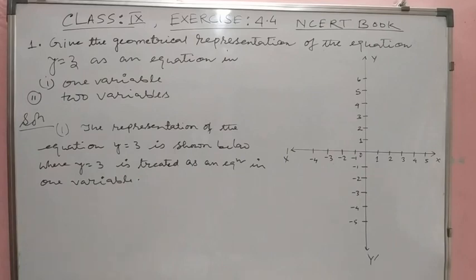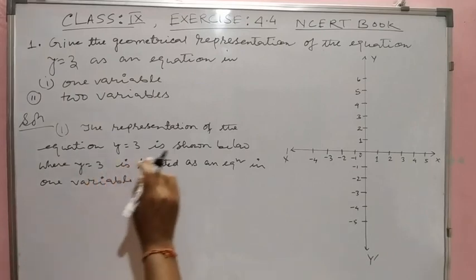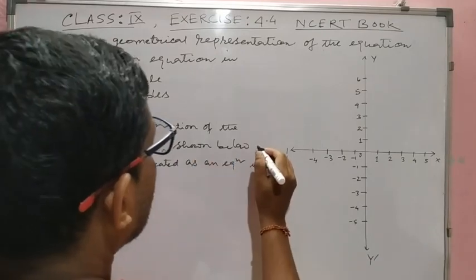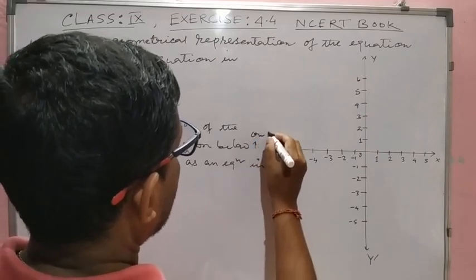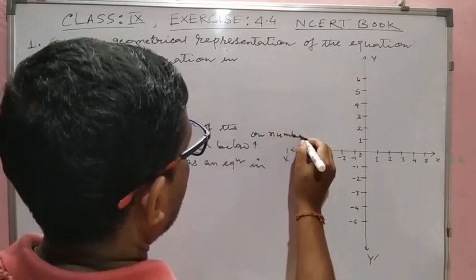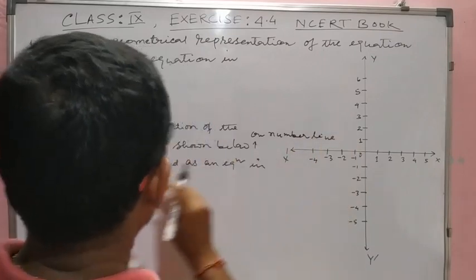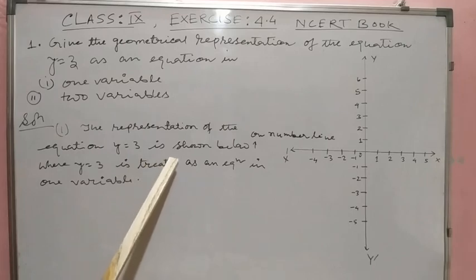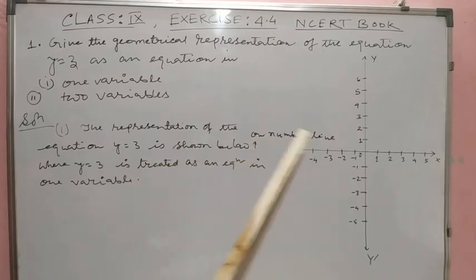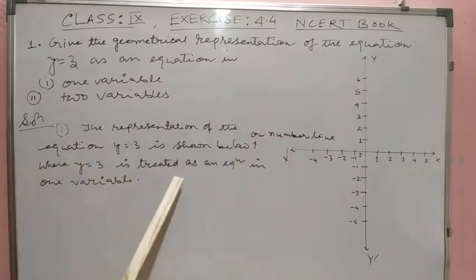Now see, on the number line, the representation of the equation y equal to 3 is shown below on the number line, where y equal to 3 is treated as an equation in one variable.